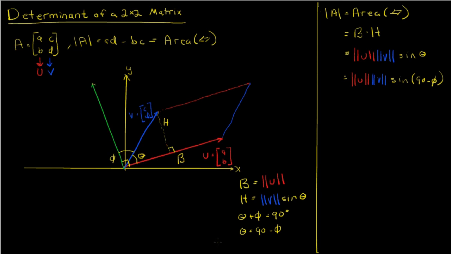Maybe you don't remember it, but that is that the sine of 90 minus an angle, and we'll just use a different symbol, alpha, is equal to the cosine of that angle.